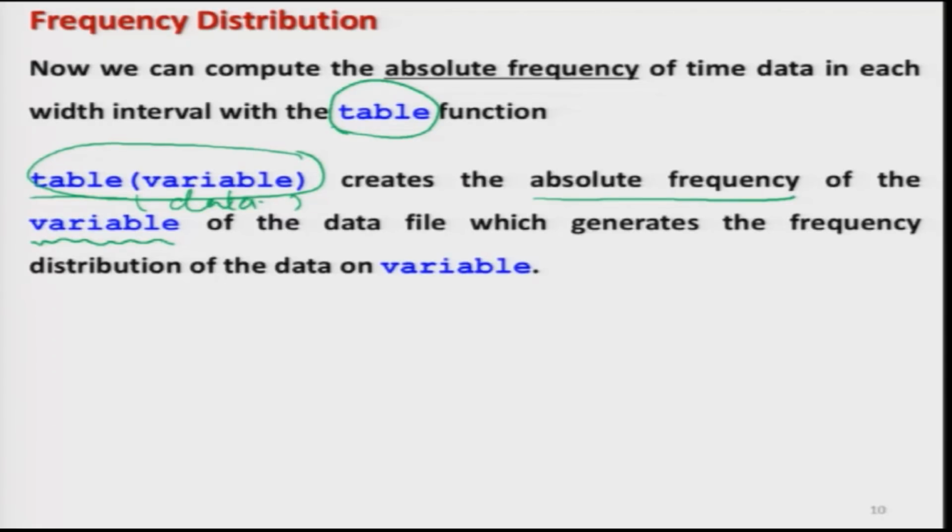So, table of variable will simply inform you of the values of the absolute frequencies with respect to different intervals.